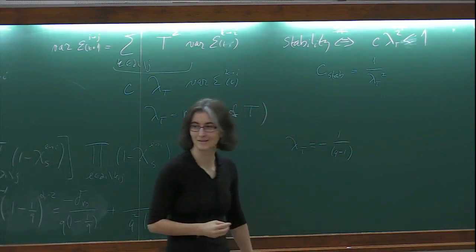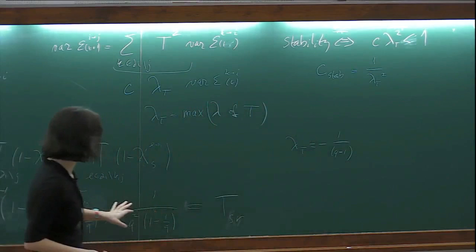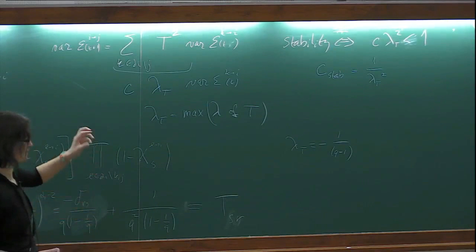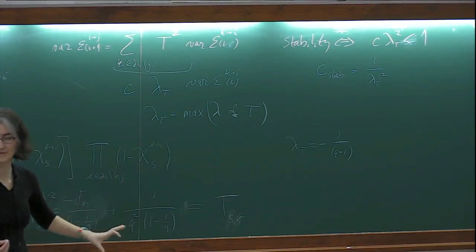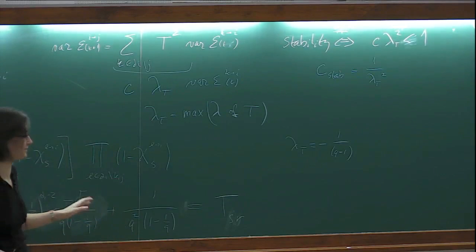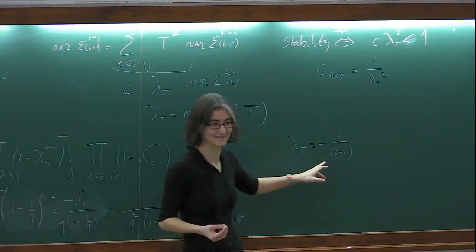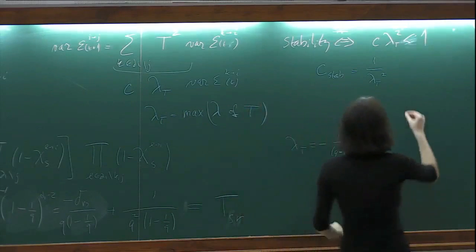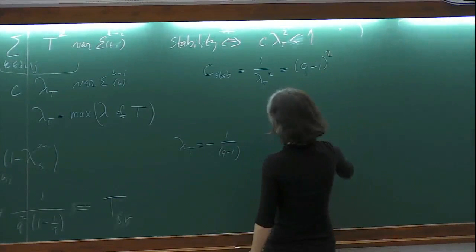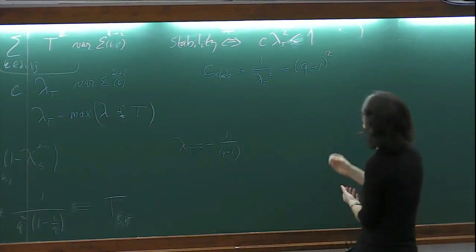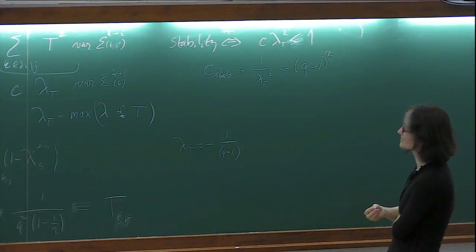This you can check, it's a little exercise. The eigenvector is actually plus 1, minus 1, 0, 0, 0, 0, and it's degenerate q minus 1 times. You can check it or ask Mathematica that this is correct. In general, so this c is (q minus 1) squared. Oh, sorry, I wrote the minus here. So the stability is c = (q minus 1) squared.